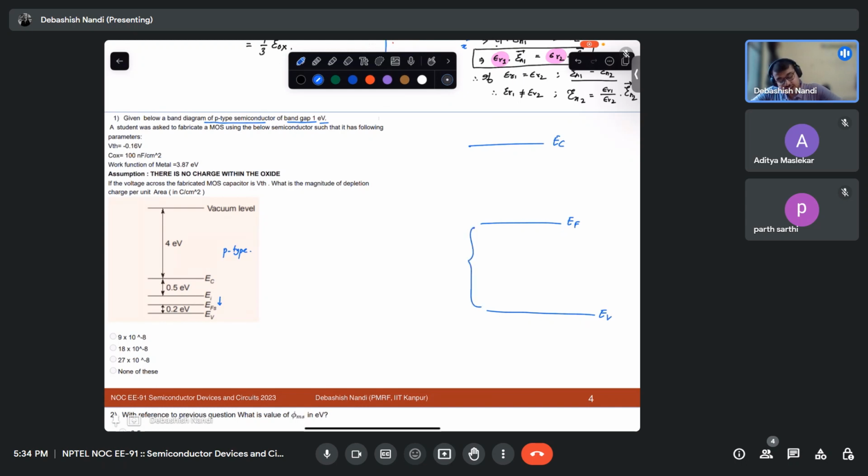So always ask what my EI is. If EF is below EI, then it is p-type, okay? It need not be very close to EV. It is a comparative distance from EC and from EV to EF, okay? So always tell in that sense that it is below EI, the intrinsic Fermi level, fine? So this is also p-type, this is also p-type.